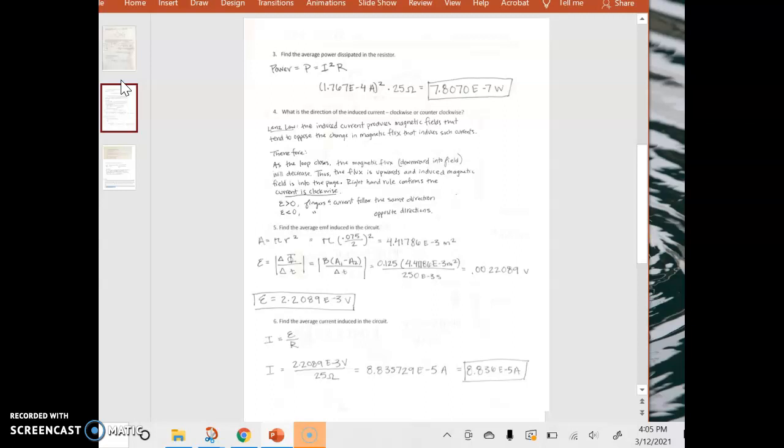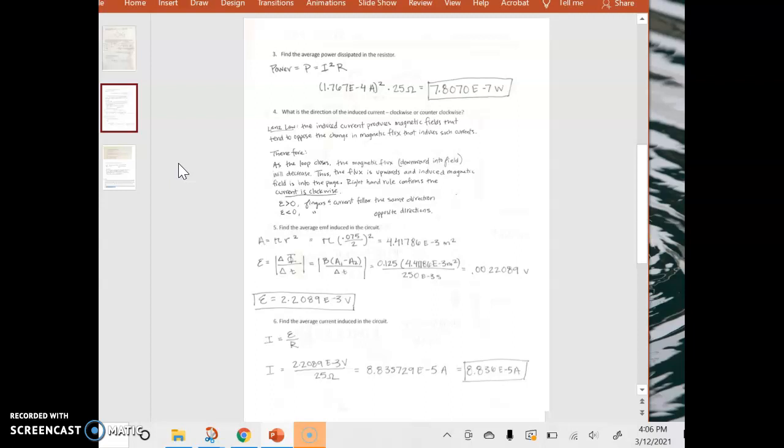And another way I know this is because when we say the E, I forget what the term is for this E here, but when it's bigger than 0, your fingers and the current follow the same direction when you're doing the right-hand rule. But if it's less than 0, the opposite.